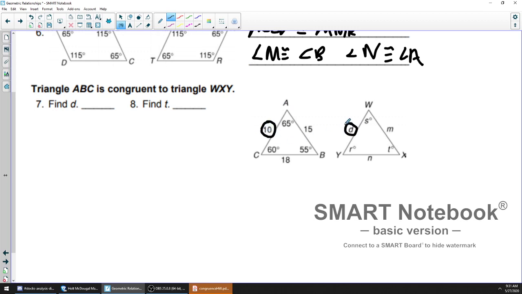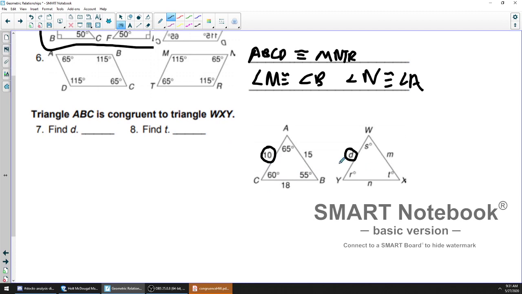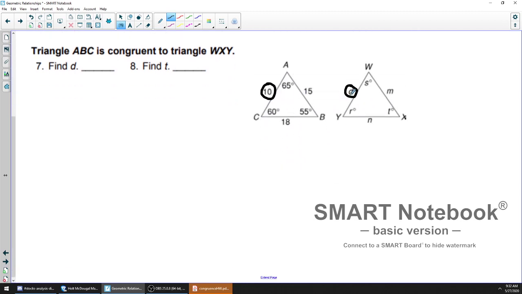With the 10, right? Left side, left side. I didn't have to flip any of these triangles or anything. I know that they're the same. So D would be the same as 10. How about T? Where is T? Right here. And where would that match to on this triangle? 55.